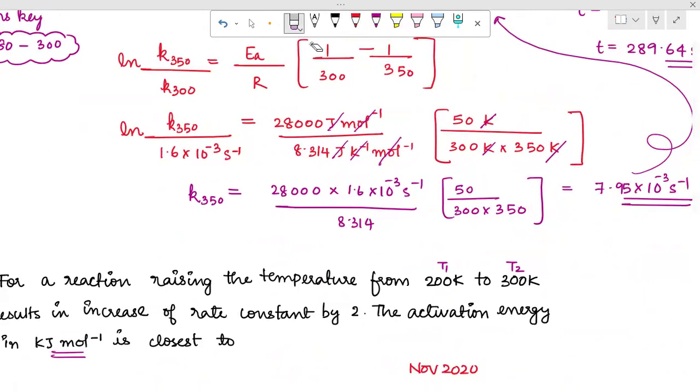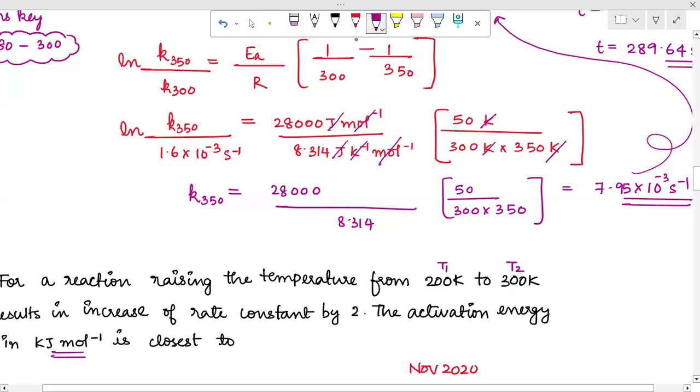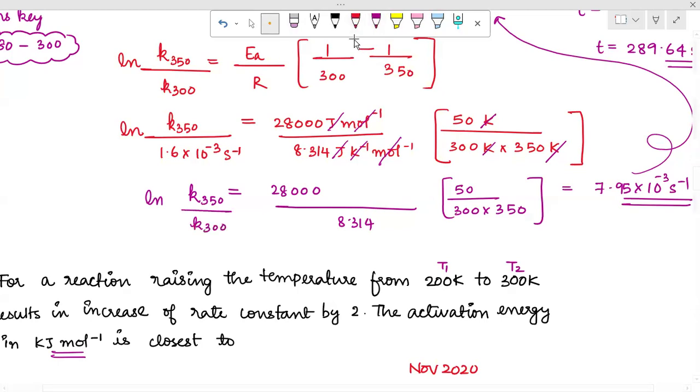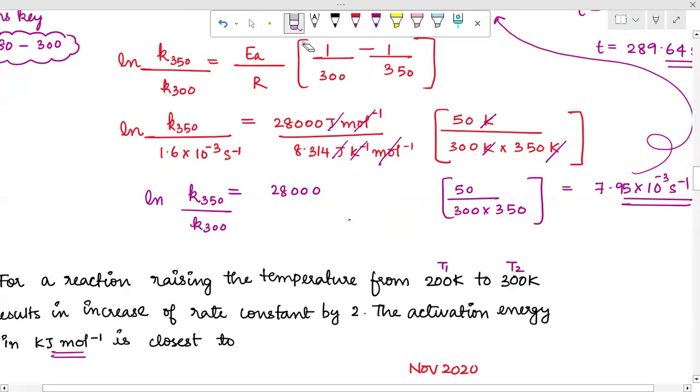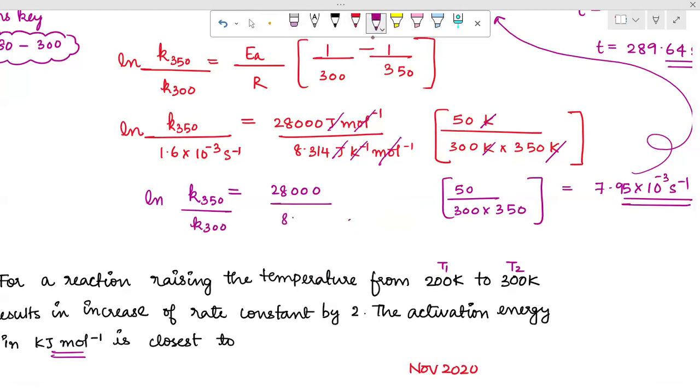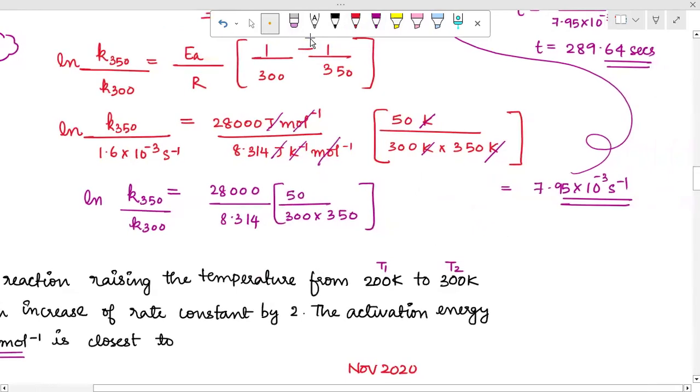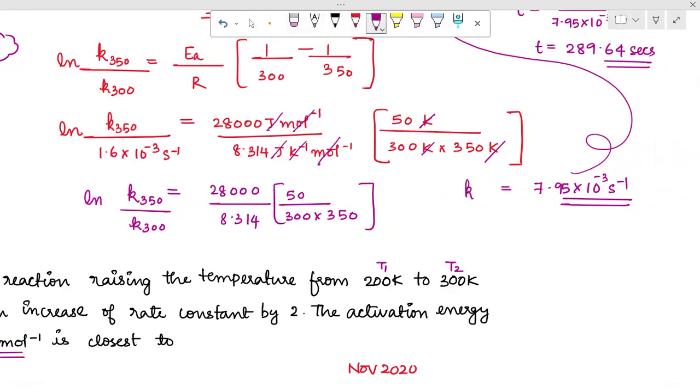So you cannot take this directly over here. This is ln of K350 by K300. You will get an answer from this. And then you have to take the anti-ln and then multiply. So finally, whatever you get over here is the rate constant at 350.